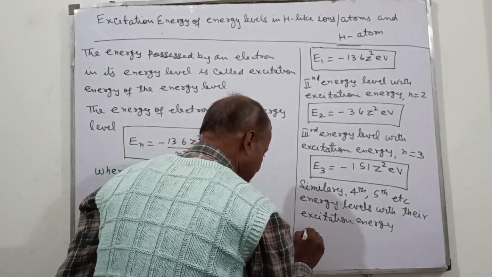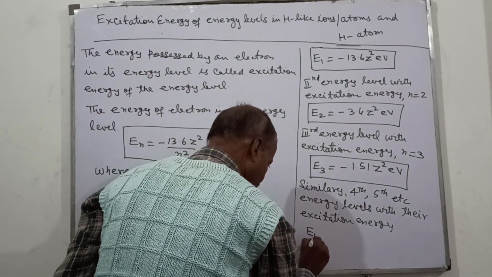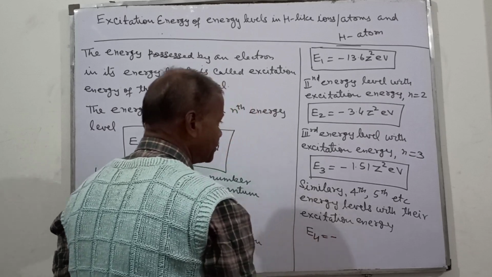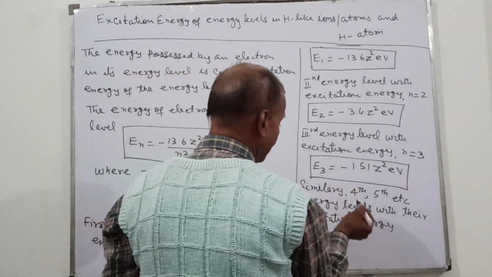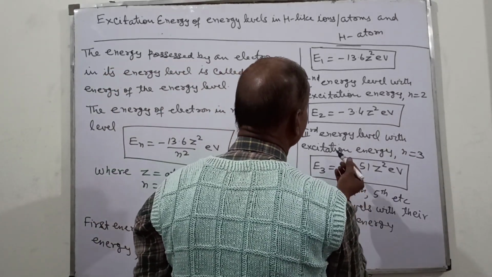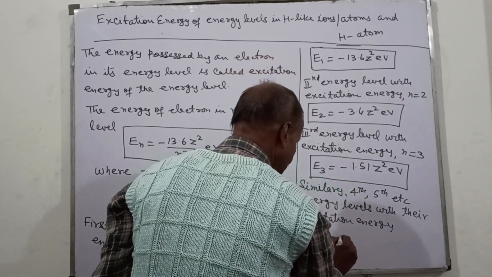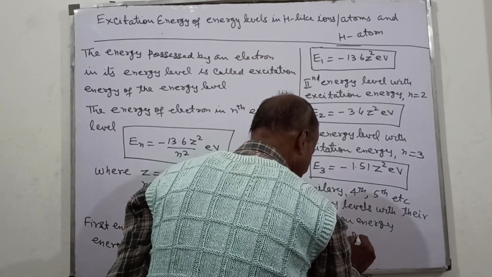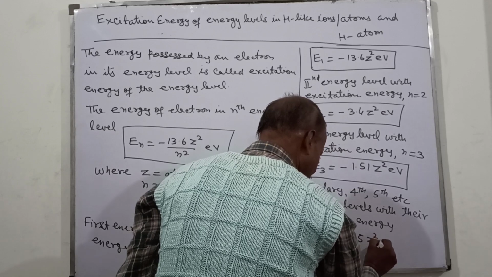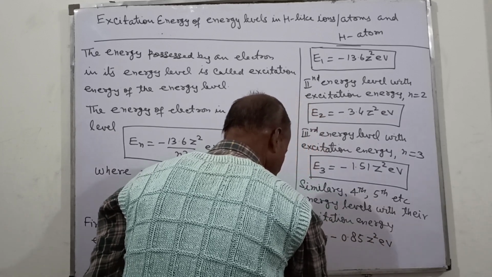Now E4 equals minus 13.6 upon 16, so 0.85 Z square electron volt.